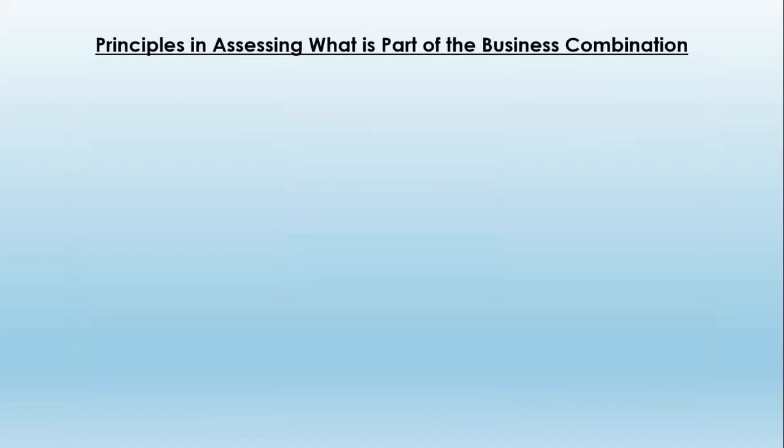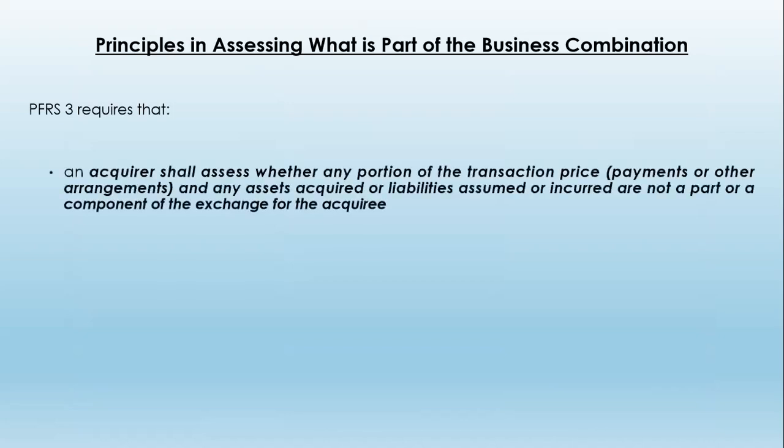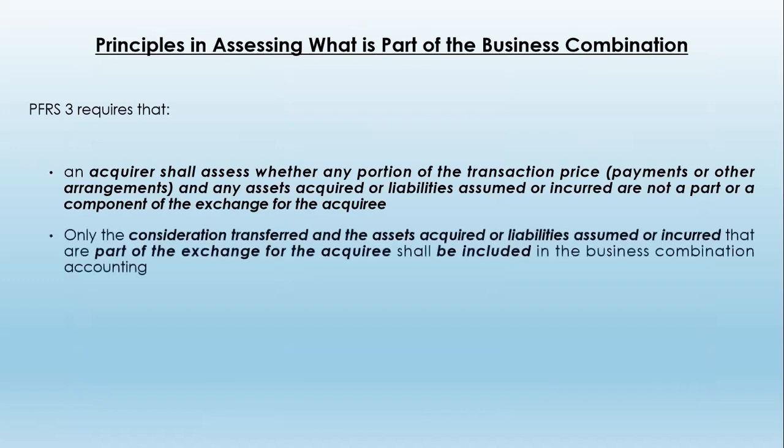Okay. So, we now have the principles in assessing what's part of the business combination. PFRS 3 requires that an acquirer shall assess whether any portion of the transaction price, payments, or other arrangements, and any assets acquired or liabilities assumed or incurred are not part of the exchange for the acquiree.